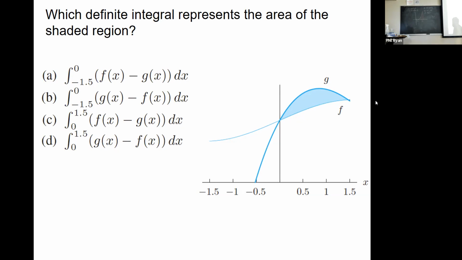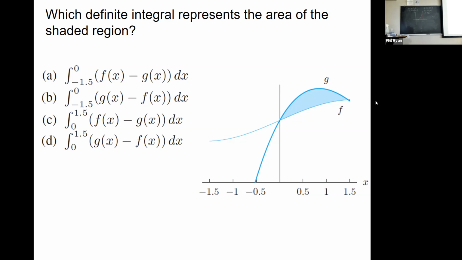Okay. If it's the integral and then have 0 on top and 1.5 at the bottom, what does that mean? So this would be the area between these things here. So it'd be this area here. It'd be that integral.